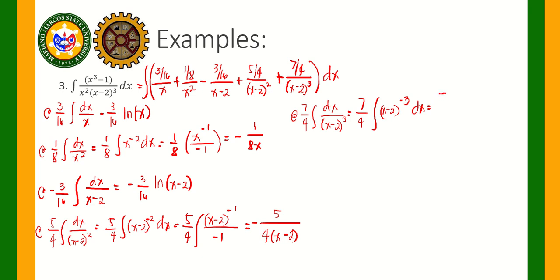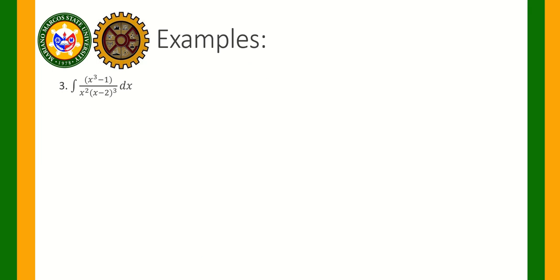So this will be equal to 7 over 4 times x minus 2 raised to negative 3 plus 1, that is negative 2, over negative 2. So simplifying this one, we have negative 7 all over 8 times x minus 2 squared. Okay, so we now have values for these. So, let us substitute them here. We have integrated them already. But don't forget our plus c.